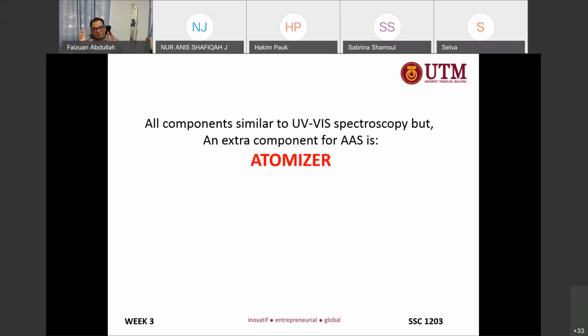If the energy provided by the light is specifically for lead, the iron atoms in the sample will not absorb the energy. We call this very selective. The iron atoms will never absorb the amount of energy that is only suitable for lead. That is the concept of the instrument, because the amount of energy absorbed by every element for the electrons to excite from ground state to excited state is different.